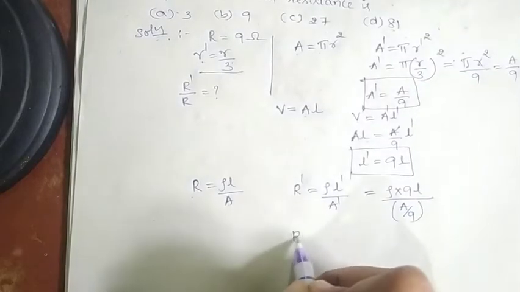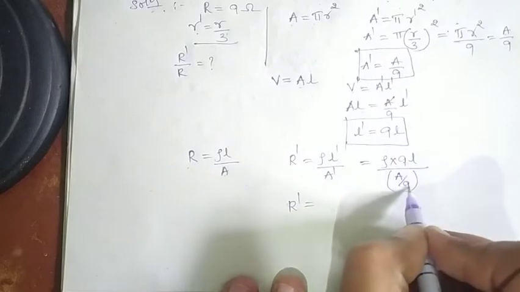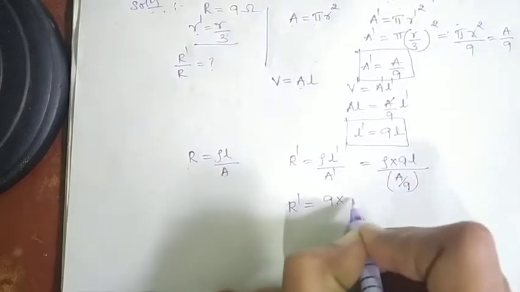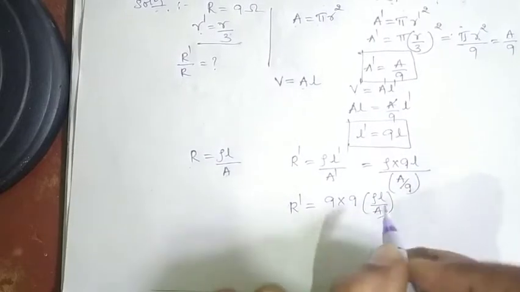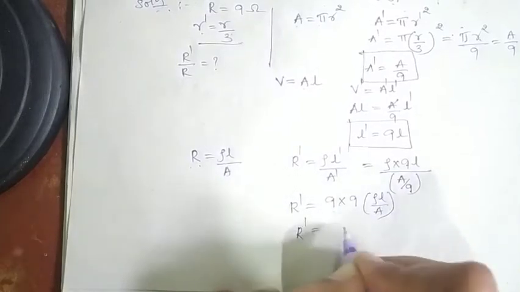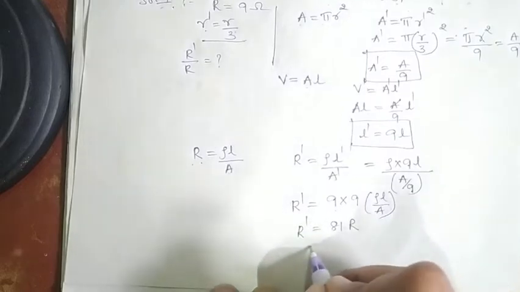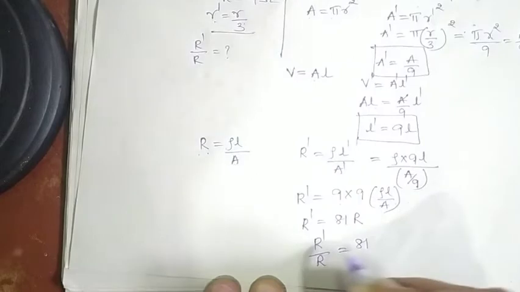Now, R dash should be written with the denominator 9 going to the numerator: 9 into 9 into rho L divided by A. Rho L divided by A is replaced by R, the old resistance, and 9 9s are 81 R. I need the ratio R dash divided by R, which will be equal to 81.